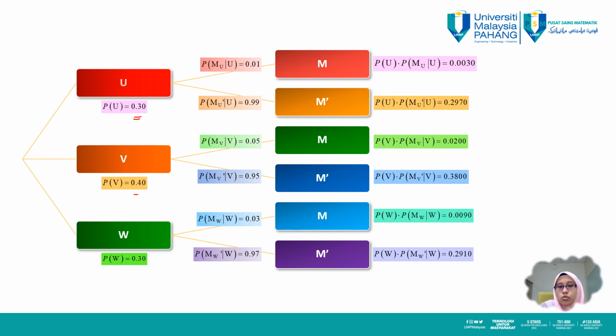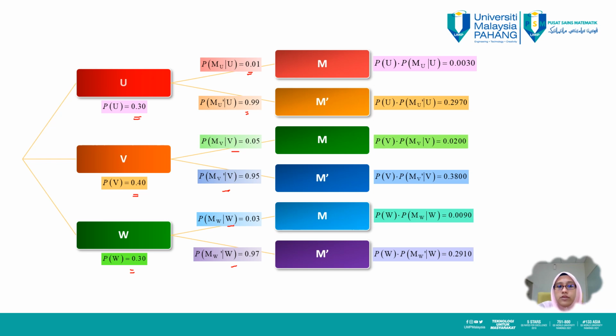Probability for V is 0.4, and probability for W is 0.3. And it is also mentioned to us that U made a mistake 1 in 100. That means the probability for M given U is 0.01, while the probability for M prime, not making a mistake, given U is 0.99. So you can find the answer for V and also W.